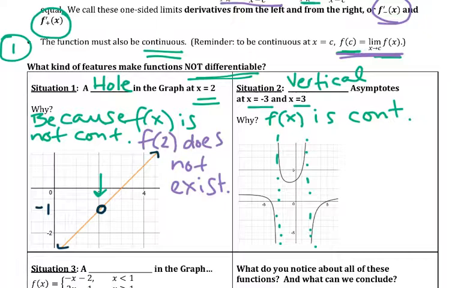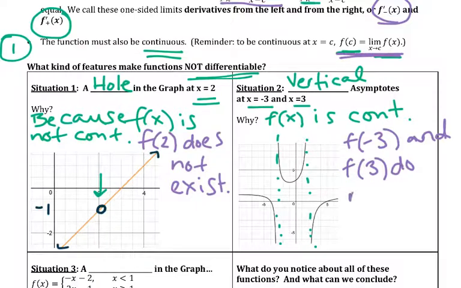Over in situation 2, it is the same thing. F of -3 and f of +3 don't exist, and that's why it's not continuous. So thinking about the formal definitions here, the parts in purple are explanations from the formal definitions of continuity about why this function is not differentiable.